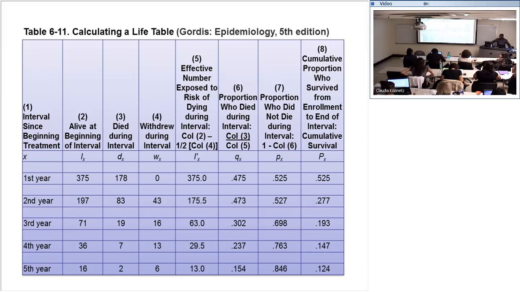Yeah, as I said, in every measurement, once you make assumptions, then there will be some error. So we've made the assumption that people are lost to follow-up uniformly, which might not be the case. So there's some kind of assumption. And what we are doing here is that we imagine people have been treated, and then we want to see what the probability is that they will survive up to this year.